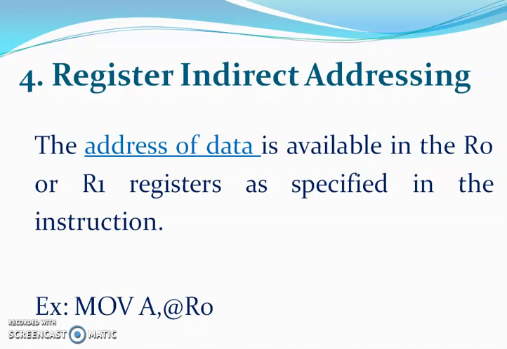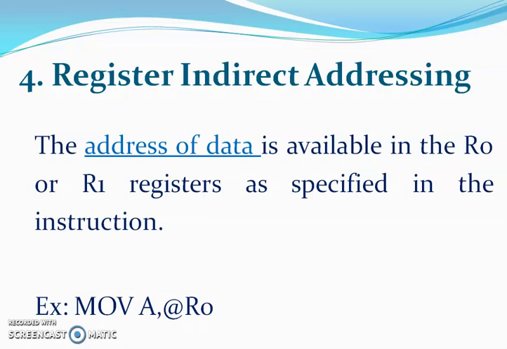So basically what the instruction has to do is that it has to refer to the register R0 or R1 to collect a memory location address from where the data has to be taken. So that means the registers do not provide the data directly, but they provide us with the memory location address of our operand.